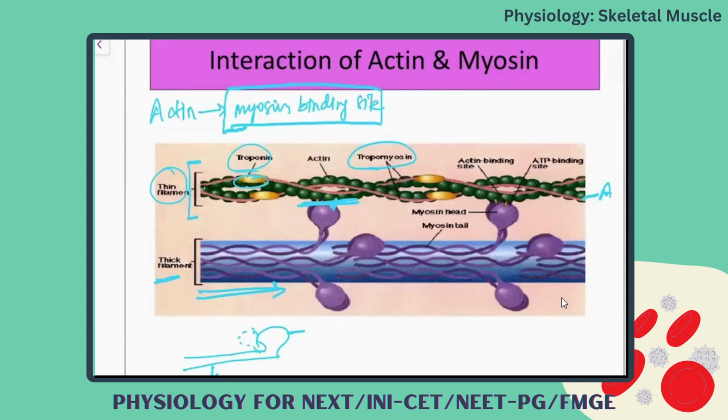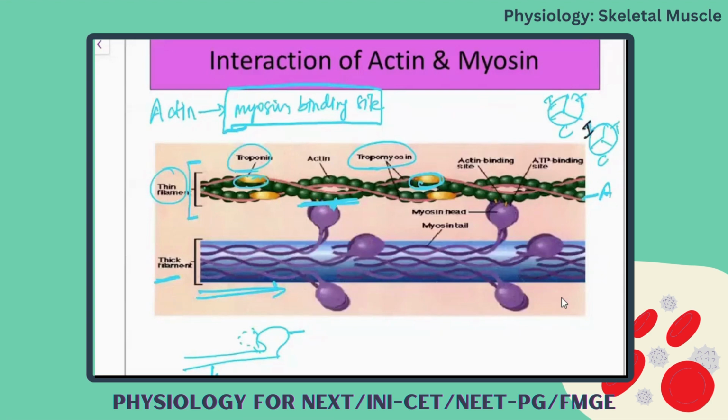So this is the troponin. This troponin has three sites, like I, T, C. So troponin is like this. One is the I site of troponin, troponin I, the T site of troponin, the C site of troponin.